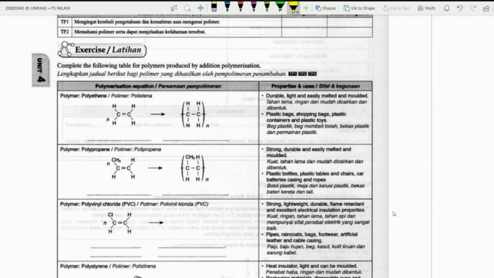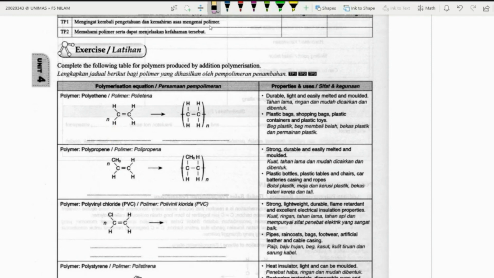Let's see. The first one, polyethylene. What is the name for this monomer? Maybe I'll call some names. Valerie, what is this, the first one? Okay, so this one is ethene. Good.